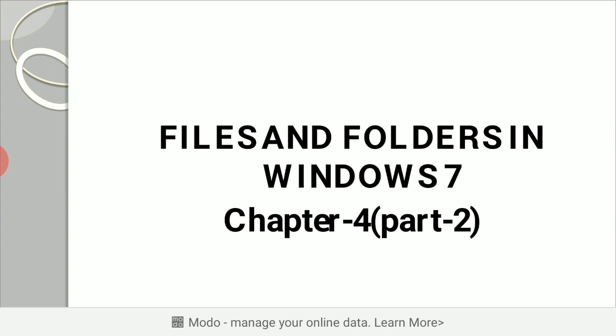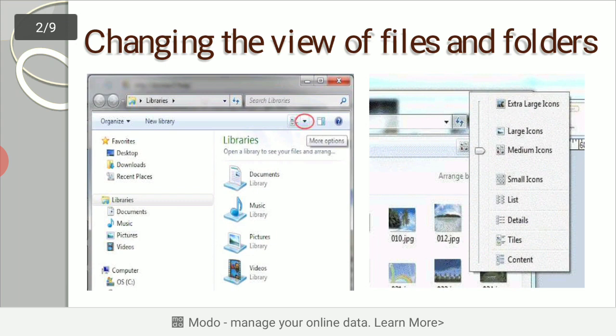So let's start with changing the view of files and folders in Windows 7. You can view the files and folders in different ways and arrange them according to your choice. To change your view, the menu control bar contains several options. The images on the folder icons are displayed in the thumbnail view.